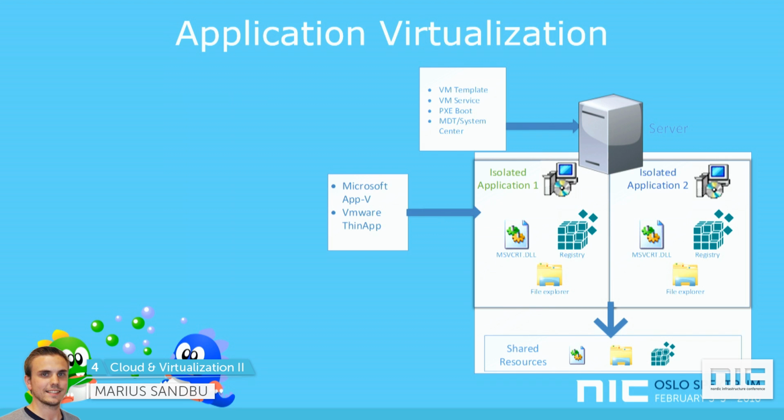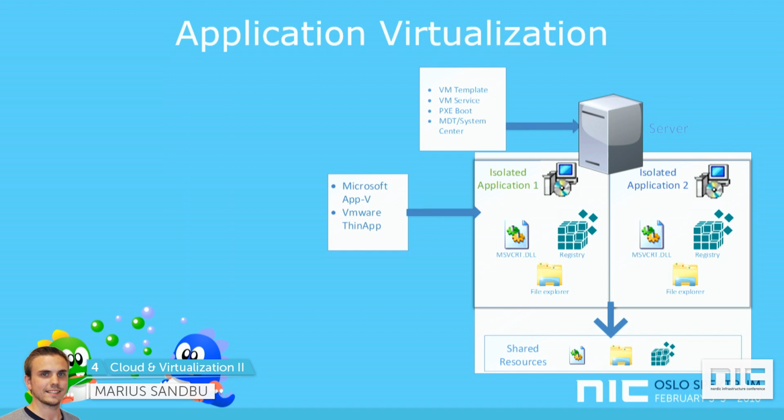So instead of installing an application on an operating system, you do a capturing process which captures the entire application, including the file system, registry entries, and maybe even the dependencies that it needs, inside an isolated package. So when you install an application virtualization package on a virtual machine or a machine, you don't actually do the installation, you just add a package and it's added.